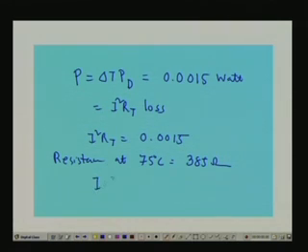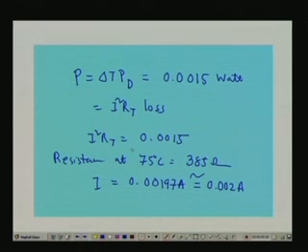So, current I which is flowing through the RTD at 75 degree centigrade is equal to 0.00197 ampere, or almost equal to 0.002 ampere. This is the current which is flowing through the RTD.